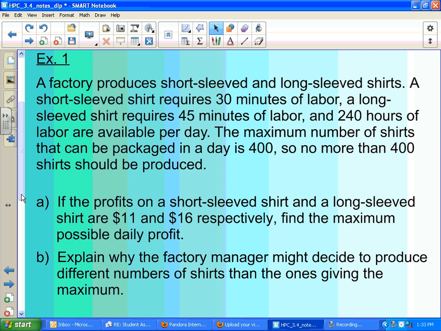So what does that mean to have 240 hours of labor? Give me an example of what that might mean. Not in an equation sense, but just, do I have 240 hours in a day? Okay, so what does this mean? I have employees. How many do I have? Doesn't tell me.